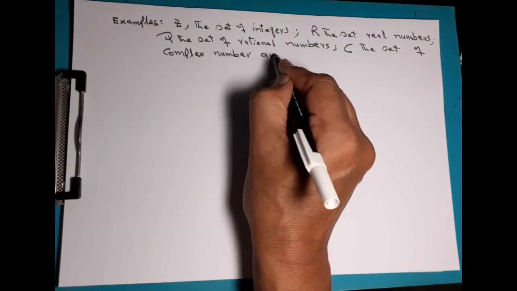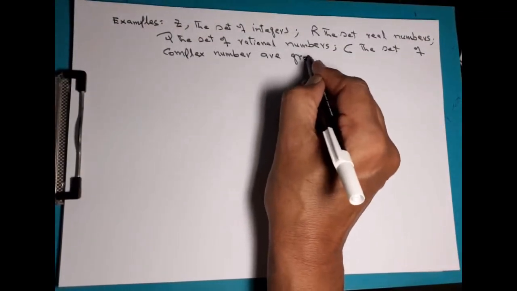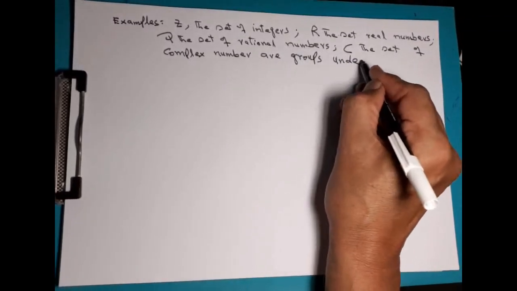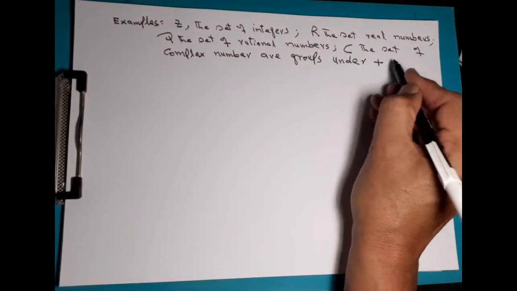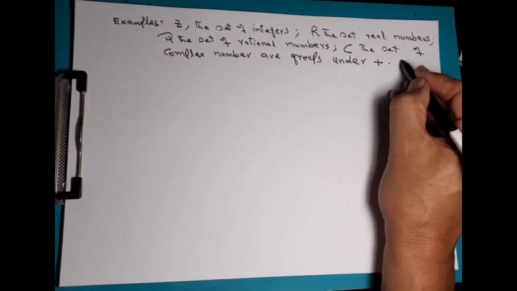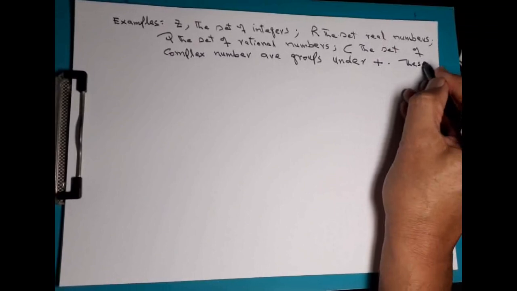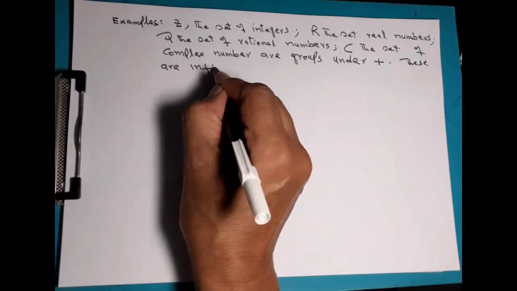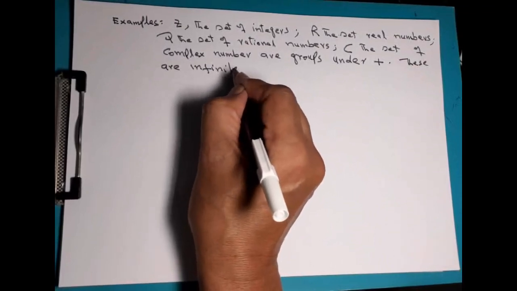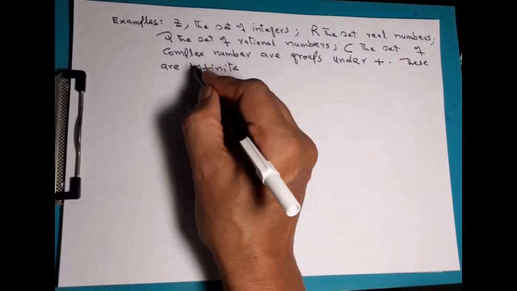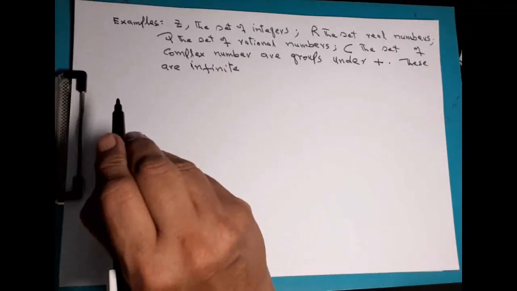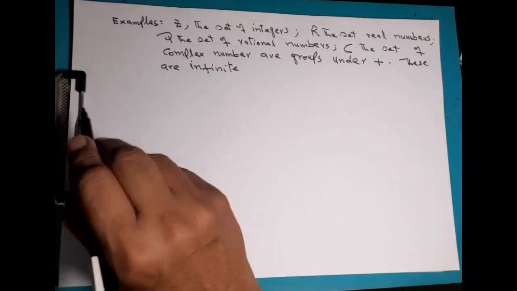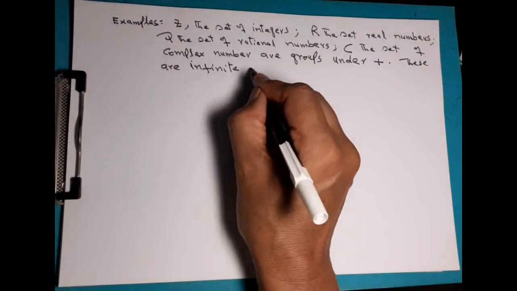All these are groups under the binary operation addition, and you know these groups very well. These are infinite groups. Each of these groups has infinitely many elements. To be very precise, the cardinality of each of these groups is infinity.